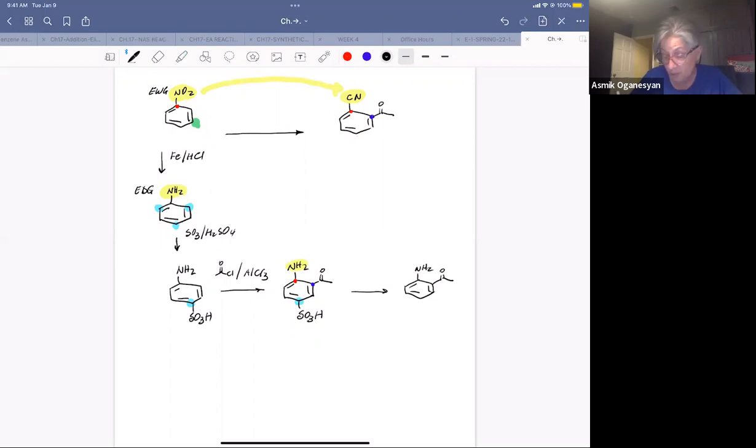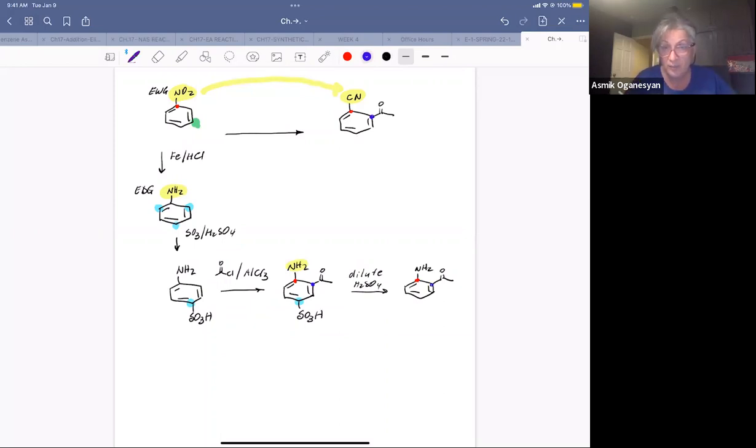And to do that, we just have to use dilute H2SO4. Okay, we're almost there.